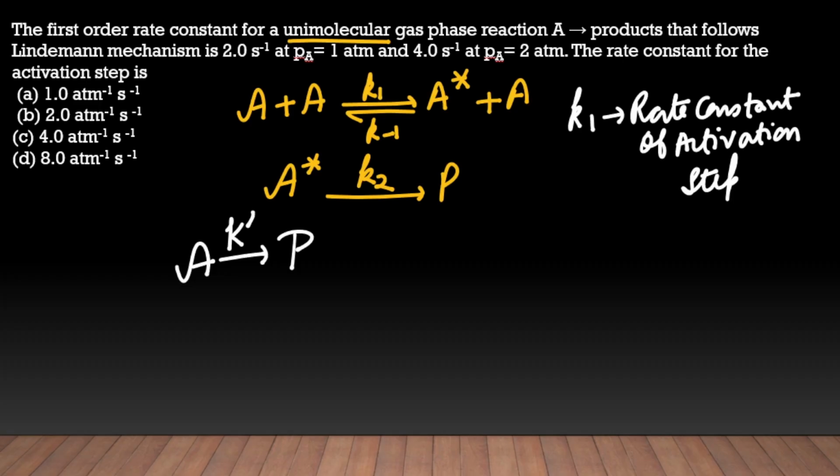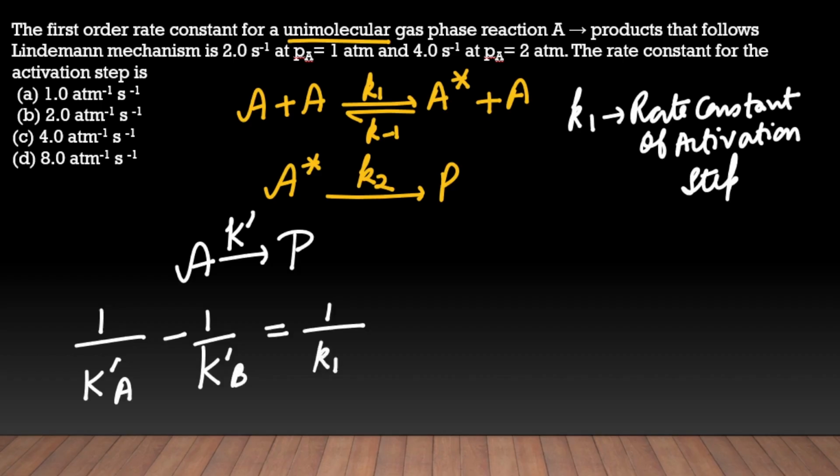If we have two observed rate constant values, in that case you can use this relation: 1 upon the observed rate constant K minus 1 upon K dash, the second observed rate constant, is equal to 1 upon K1, the rate constant of the activation step, into 1 upon PA minus 1 upon PB, the pressures.